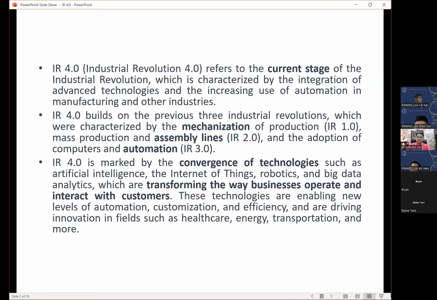So it's actually the globally accepted term when referring to the Revolution 4.0, categorized by integration. The special part of IR 4.0 is the integration of advanced technology, where a lot of technologies are integrated together to produce one set of opportunities for the industry.